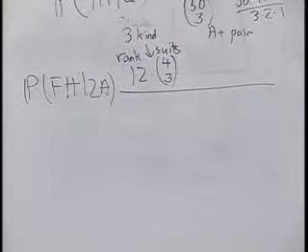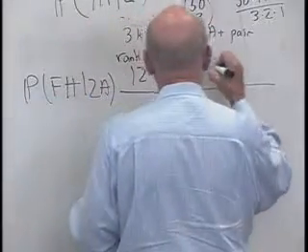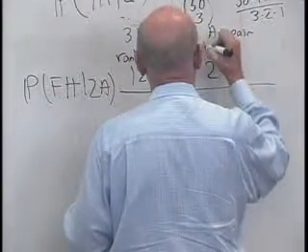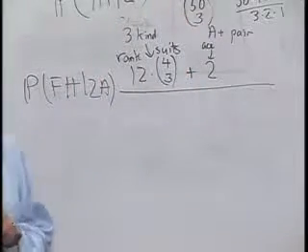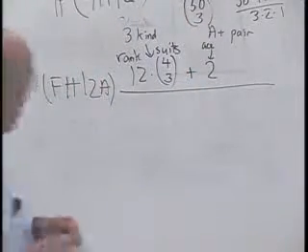And for the pair, if we get a full house, how many choices are there for the ace that finishes off the full house? 2. In the example here, we could get either the ace of clubs or the ace of spades. And then we have to get a pair. How many choices for the rank of that pair? 12.